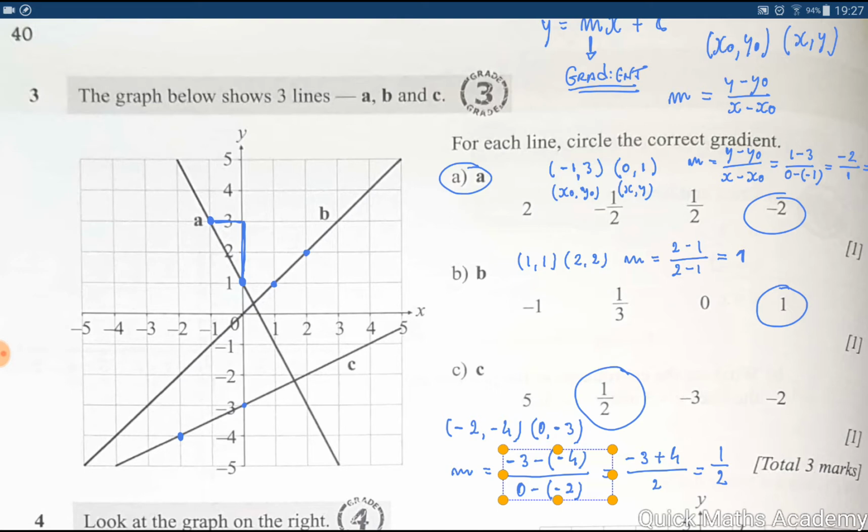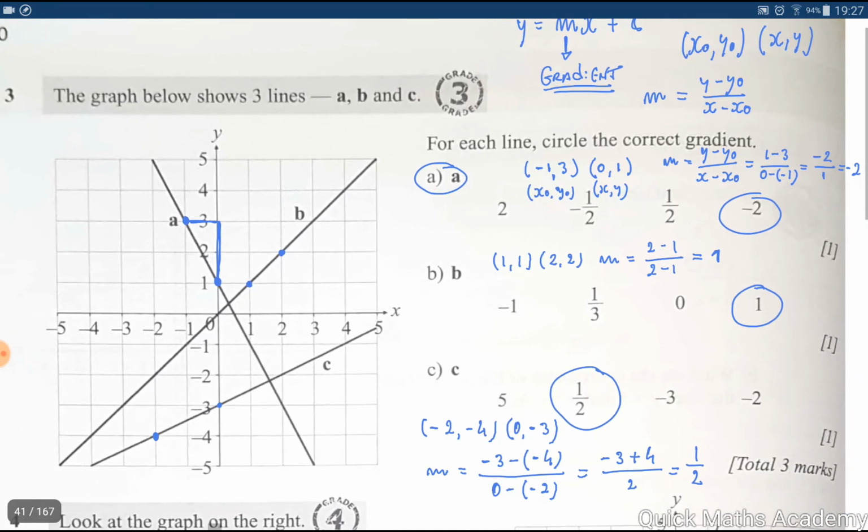So remember this: if I move 2 y's for each x that the line goes, that means my gradient is 2. If it has a negative inclination, my gradient will be -2. If it is a positive inclination, then my gradient will be +2.